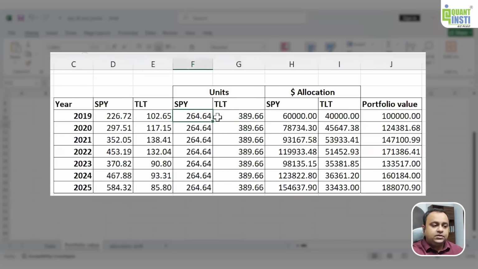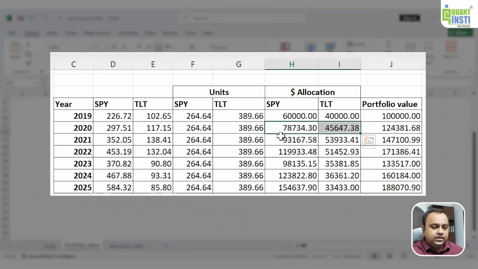So now that I've understood these are the units I need to purchase and hold, I see how the prices have fluctuated over the forthcoming years. As prices have fluctuated, the value of my allocation for both SPY as well as TLT has also fluctuated.